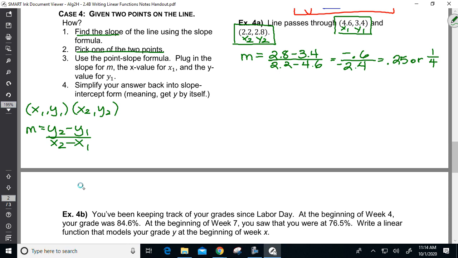You get the same answer anyway, as long as you didn't do anything mathematically wrong. So I'm going to choose 4.6 and 3.4. Why? Felt it. You don't have to write down what point you chose. I'll see it when you're doing your work.